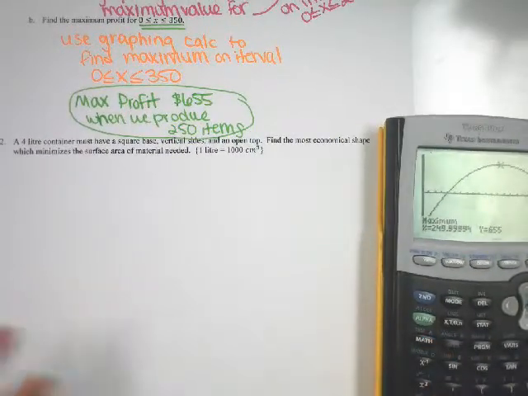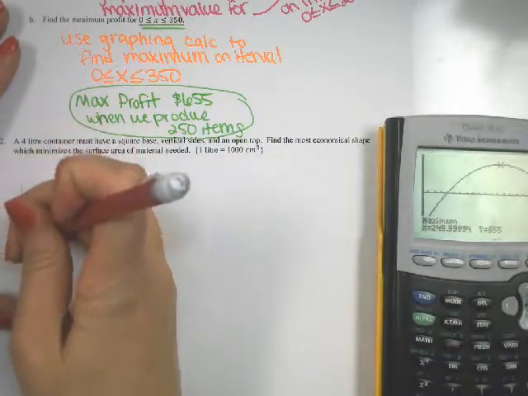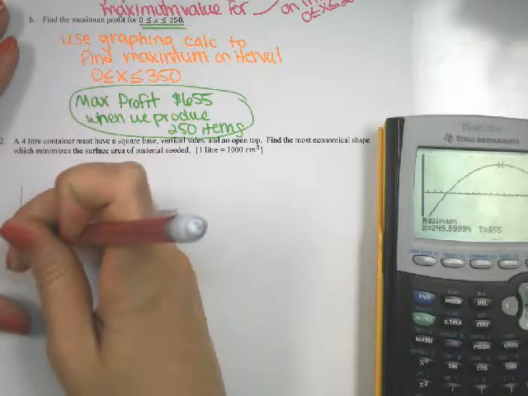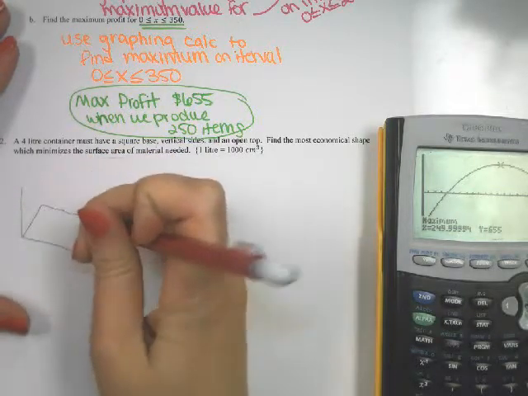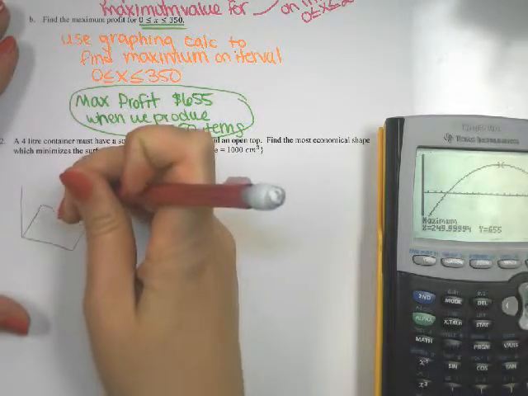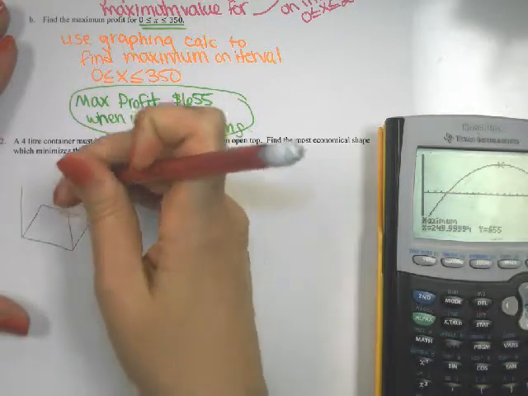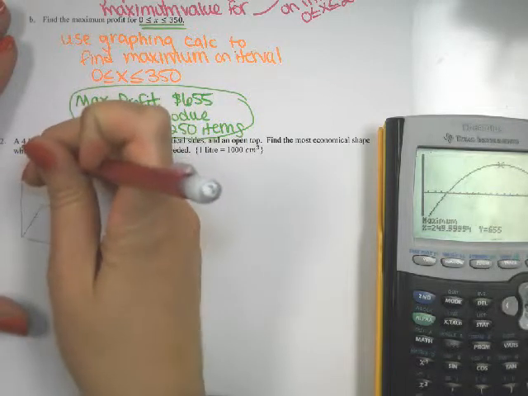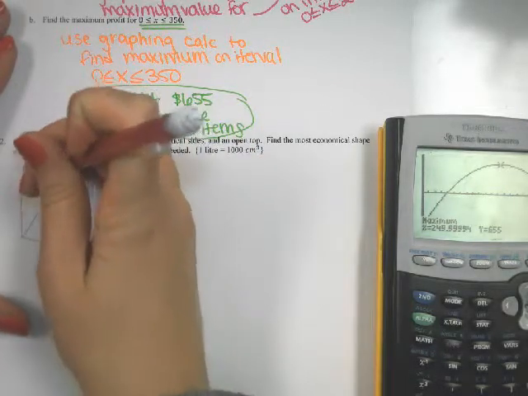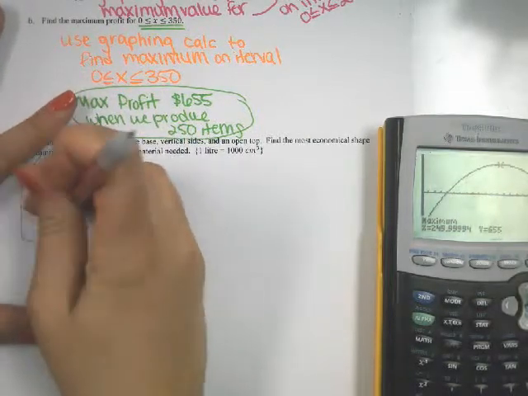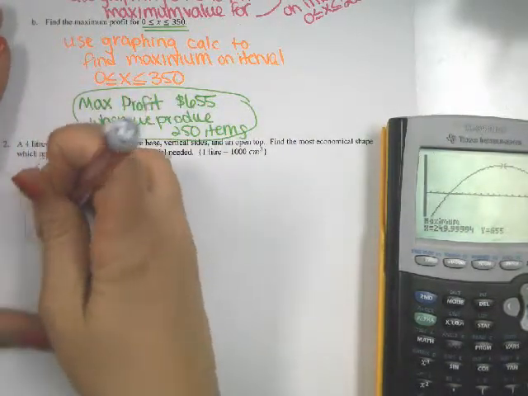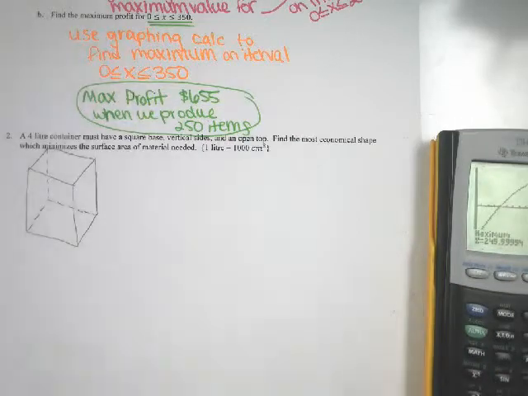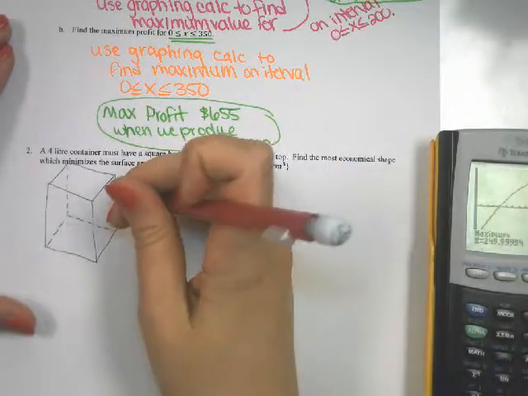All right, question 2 says, a 4-liter container must have a square base, vertical sides, and an open top. A picture would probably be given to you on your IB exam.